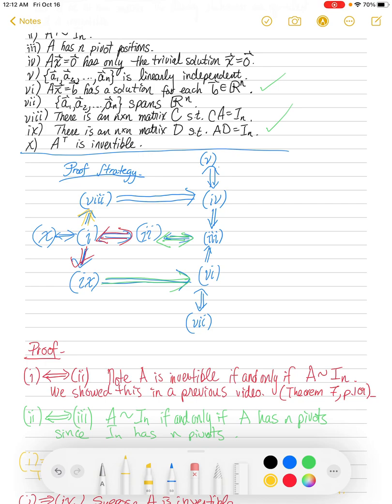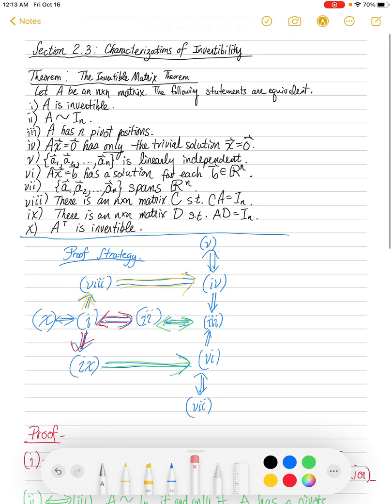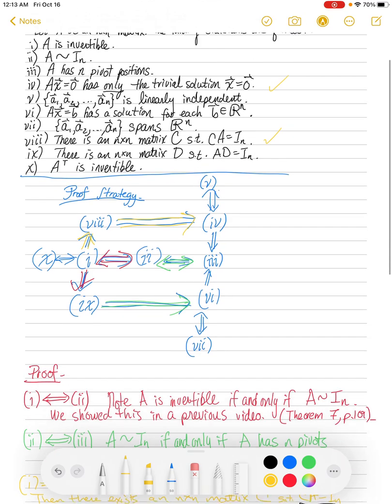And next I want to do 8 implies 4. 8 implies 4. Where is that? That would be this one here. So where is 8? 8 is right here. There is an n by n matrix C such that CA is the identity. And 4 is AX equals 0 has only the trivial solution.